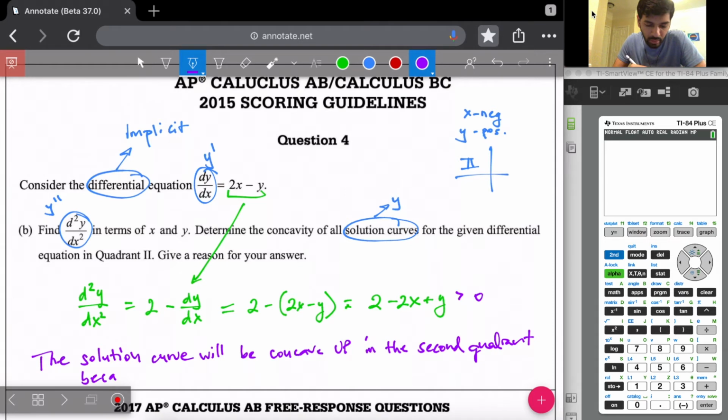And we have to put a because. Justification, we have to give a reason: because d squared y dx squared is greater than 0 in the second quadrant. I have to explain all of that in a sentence, otherwise I won't get full credit for it.